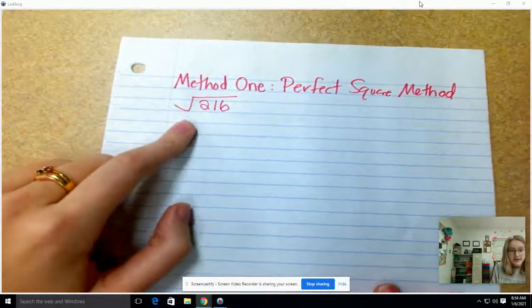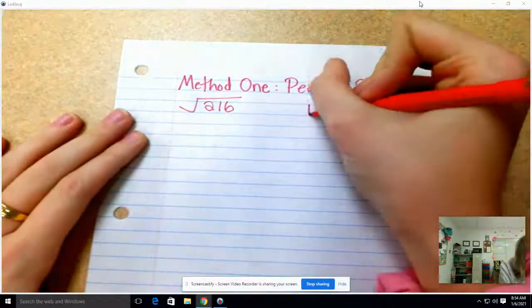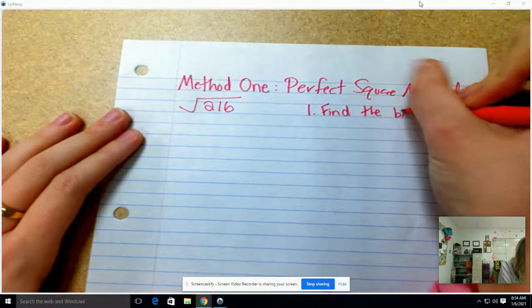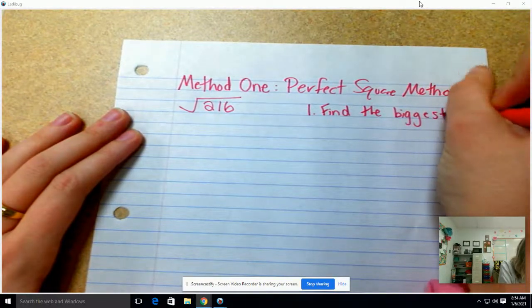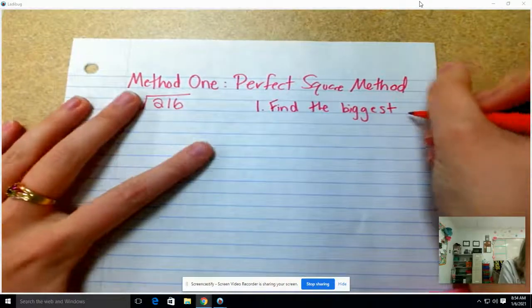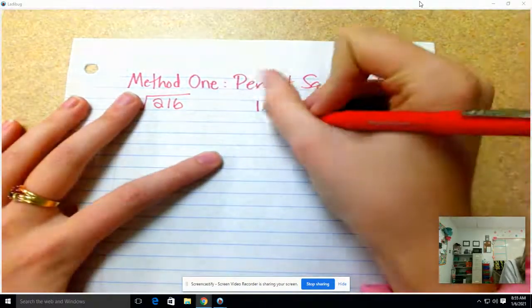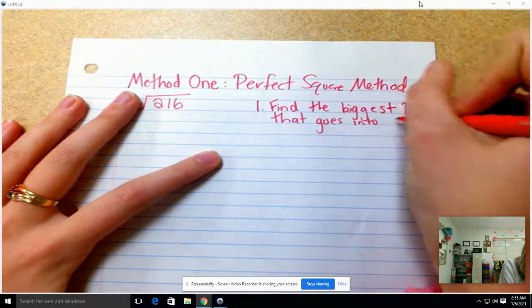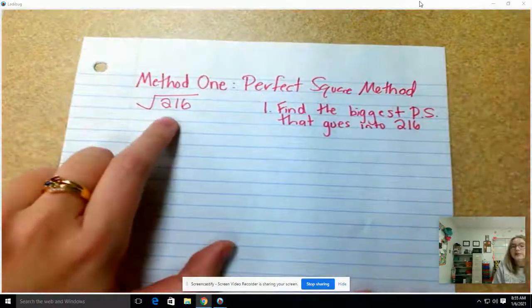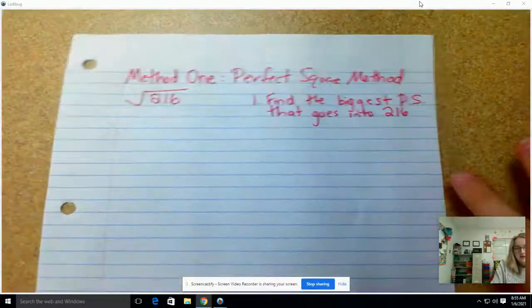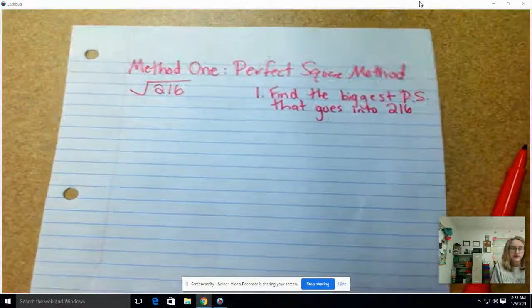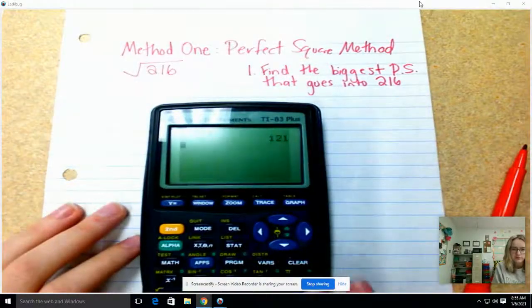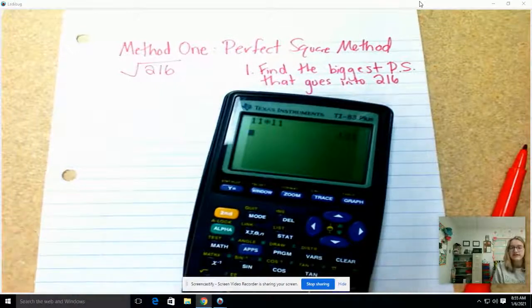So for the perfect square method, what you're trying to do is you want to find the biggest perfect square, which I'm going to abbreviate PS, that goes into 216, or goes into whatever number is in the middle here. So you have to find the biggest perfect square. In your calculator, it's really going to be a lot of guess and check.